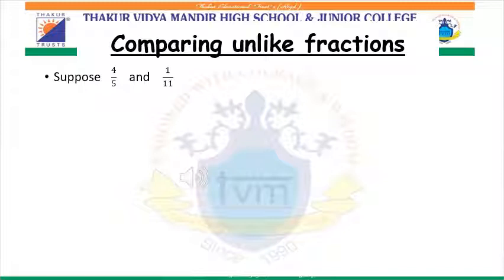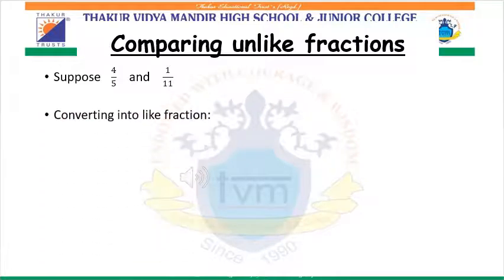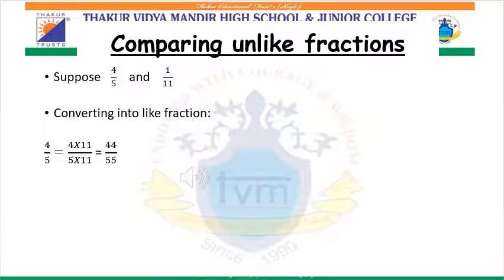Now let us see how we can compare unlike fractions. To compare these two unlike fractions, first thing I will do is convert them into like fractions. That is 4 upon 5. To make it like, I have to multiply numerator and denominator by 11.